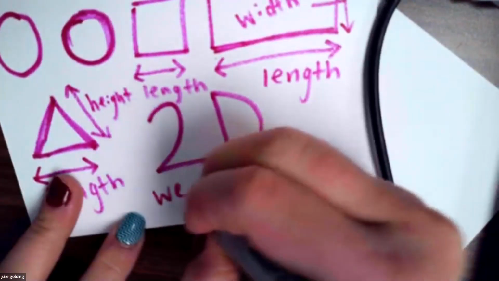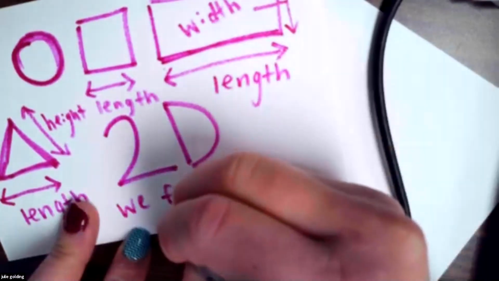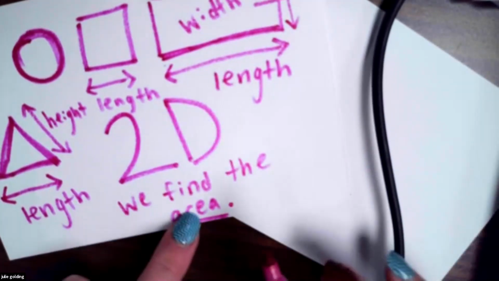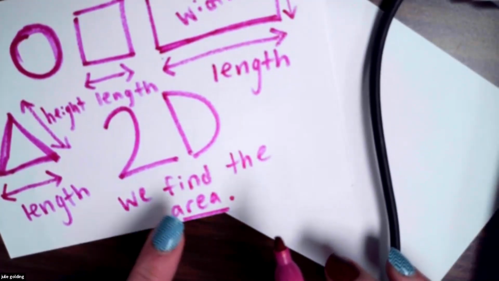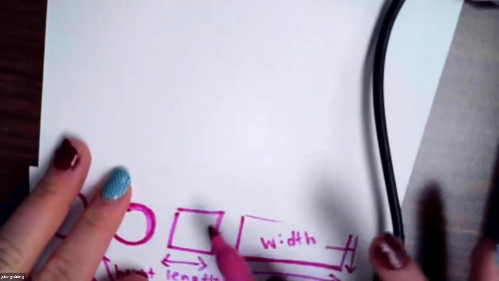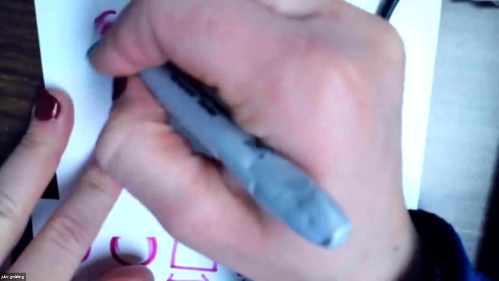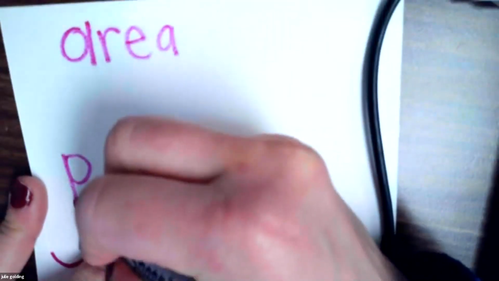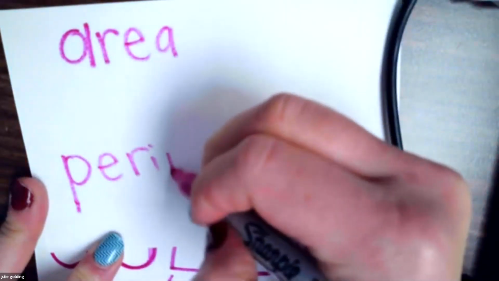So in 2D shapes, we find the area. Area. This is a word that we use in math to find how much space a shape takes. So write in your notebook area, and then also perimeter.